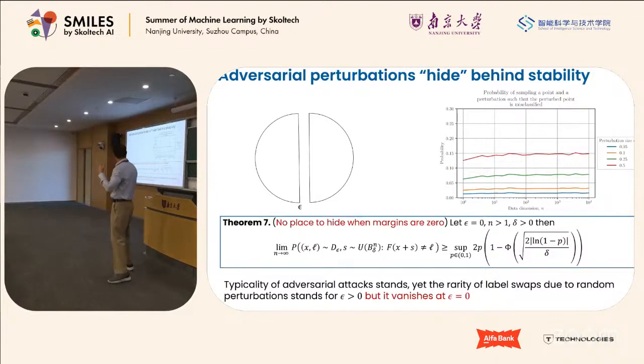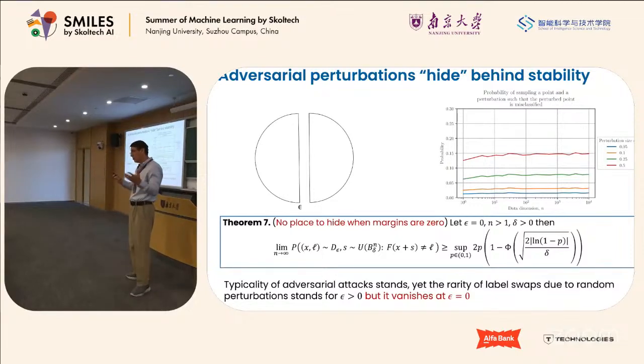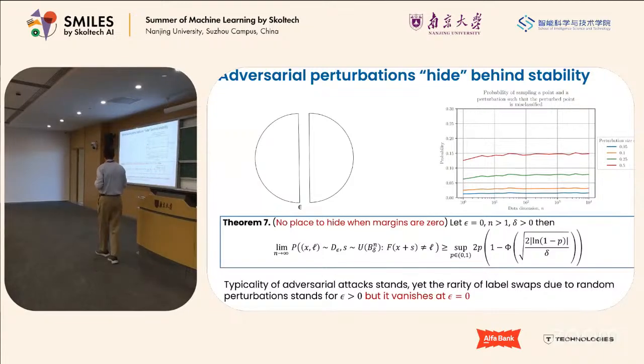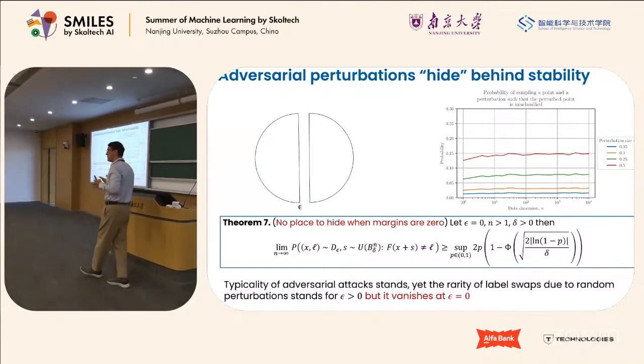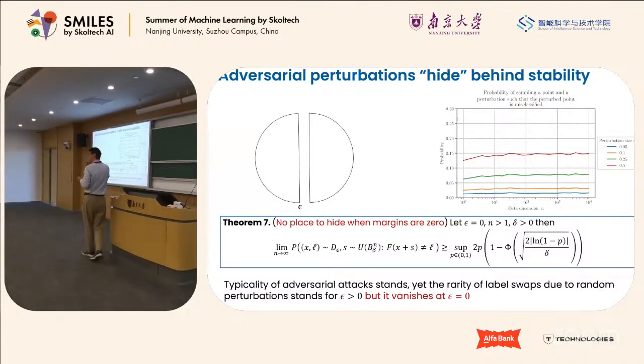For this class, things should concentrate around this bit, things should concentrate around that bit, and your random perturbation doesn't move too far from this to this one. But if you set the margin to 0, random perturbations start flipping the labels. So all this sort of stealthiness disappears, and you can visibly see the problem. So this is why I called it no place to hide when margins are 0.